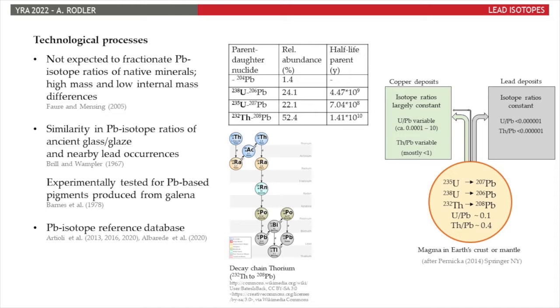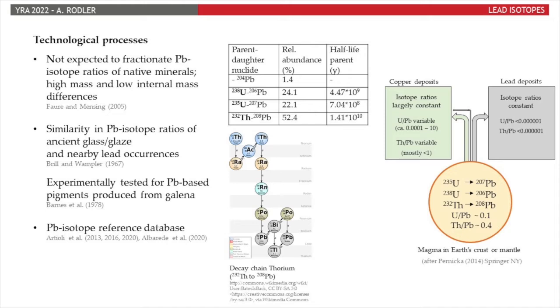There it depends on how much of the parent nuclide was present, and how long it had to decay, and the different relationships of these three radiogenic isotopes, so lead 206, 207, 208, over lead 204, can give us an indication of what area the raw materials might have come from. So how young or how old the rocks from this area were or are can help us understand how trade interactions were happening in the human past.